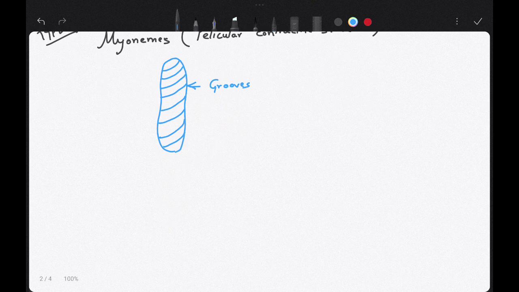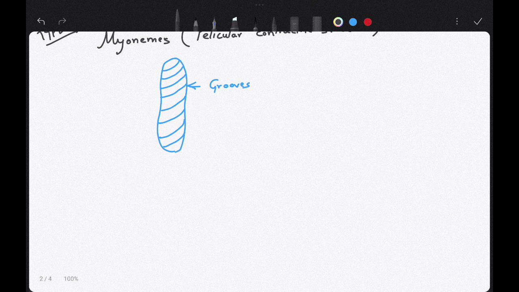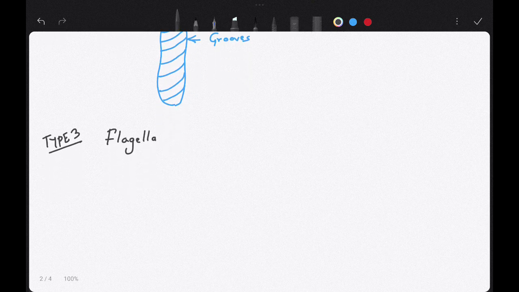Now the next, the third type, is the flagella. Type 3. What happens in flagella is that the organism, suppose this is the organism, will have this long thread-like structure, which will help in locomotion.